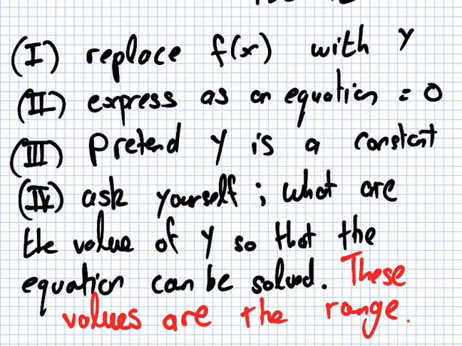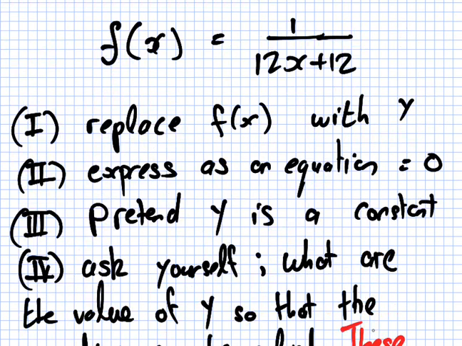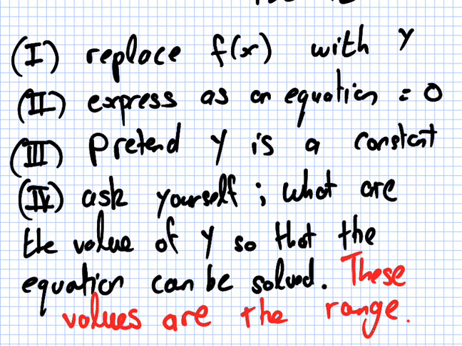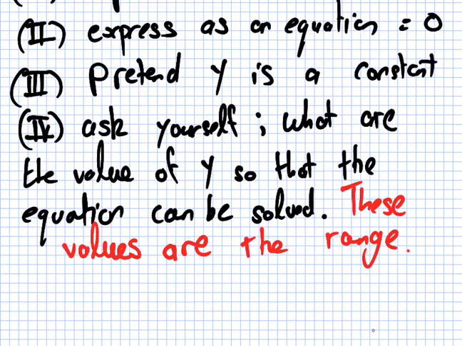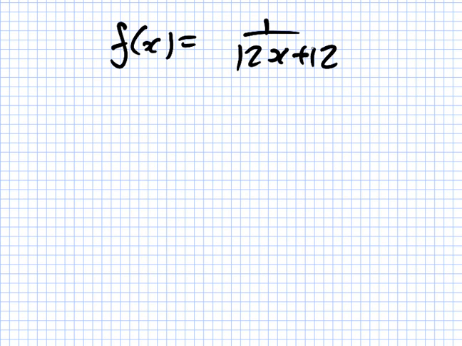So let's have a look at an example now. We'll do, I think I had it up here, yeah, 1 over 12x plus 12. Okay, can I scroll down now? Yeah? Okay, so I need to scroll down. So we have f(x) equals 1 over 12x plus 12. Okay, so what's the first step? Replace.